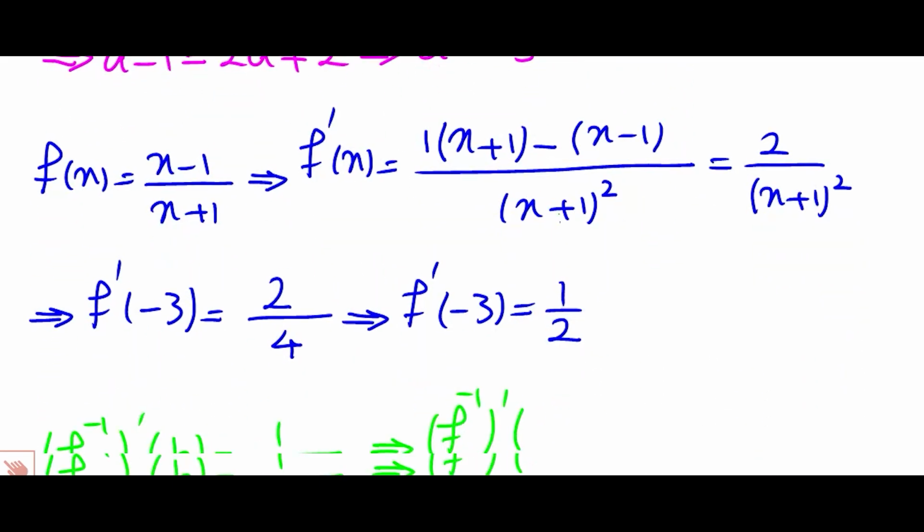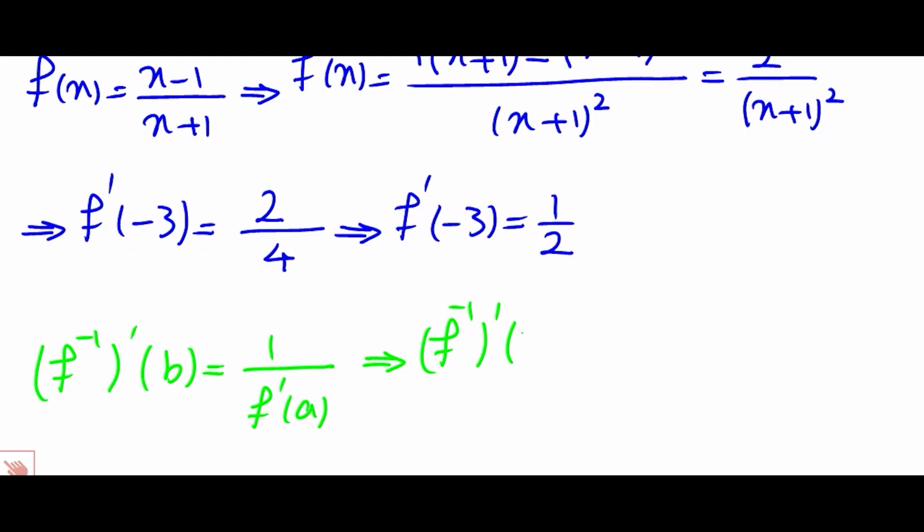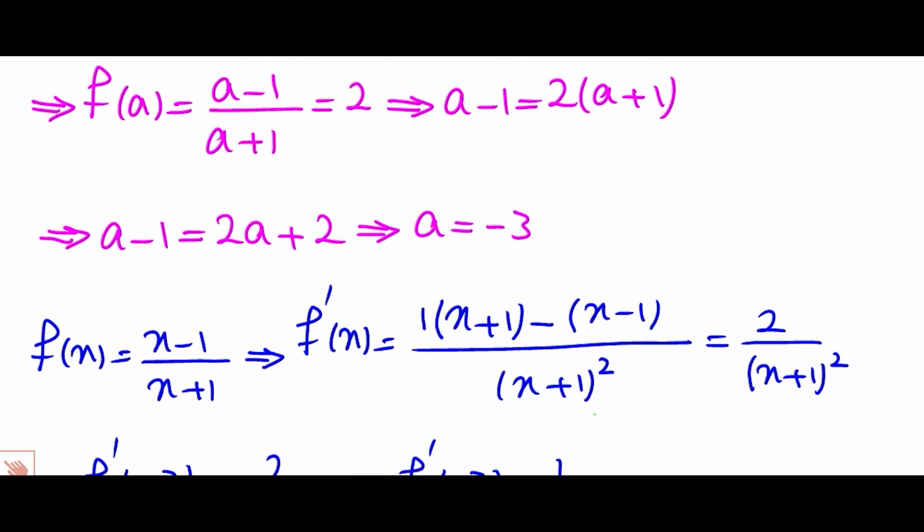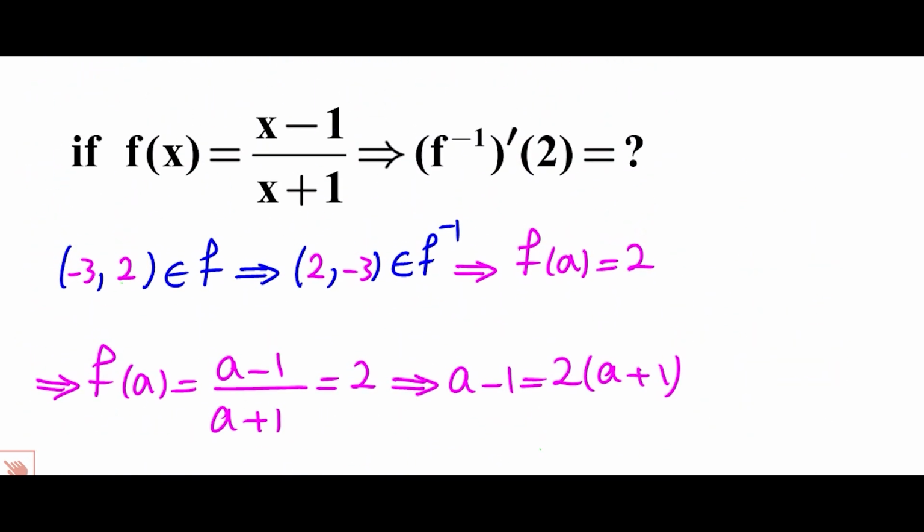So f inverse prime of 2 is equal to 1 divided by f prime of negative 3. So 1 over 1/2 is equal to 2. So f inverse prime of 2 is equal to 2.